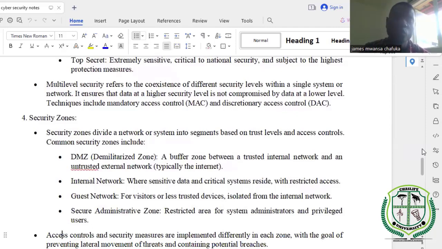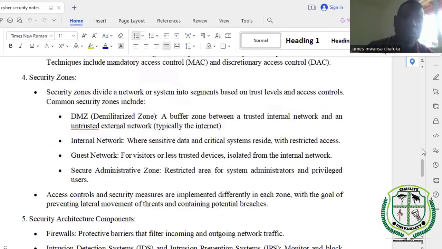And then also we have the guest network for visitors or less trusted devices, isolated from the internal network. Apart from that, we also have the security administrative zone, a restricted area for system administrators and privileged users.